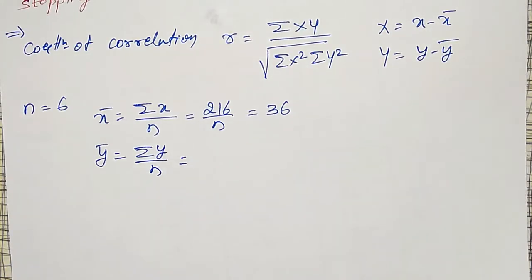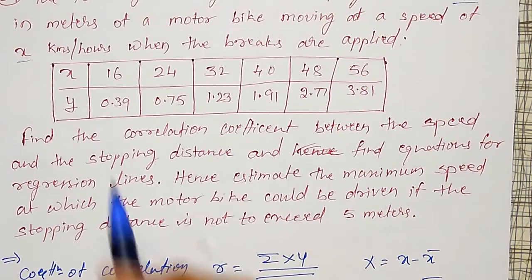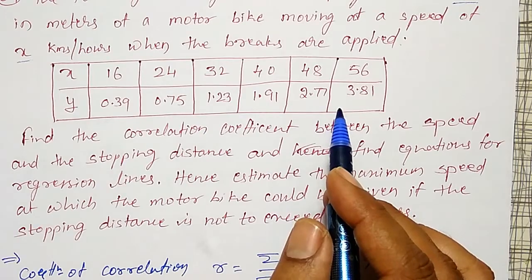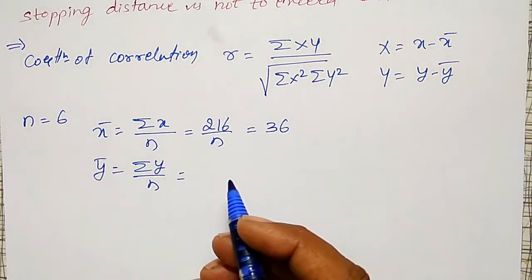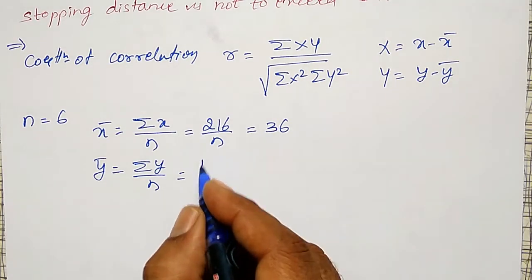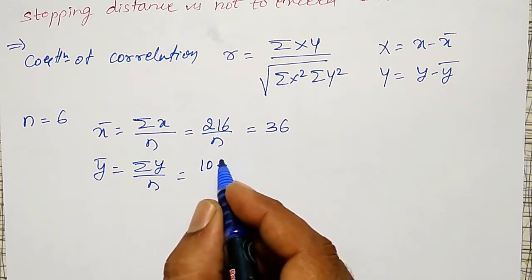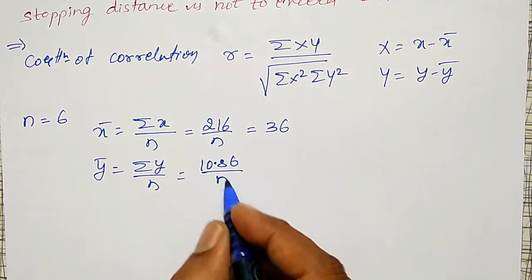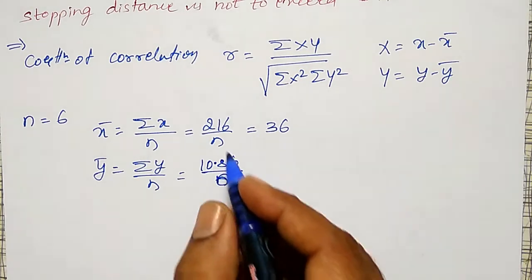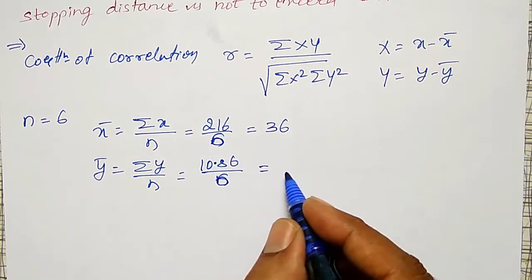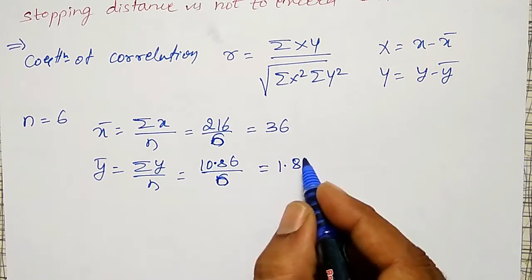Adding all the y values from the given example using the calculator, it comes out to be 10.86, divided by 6, which is equal to 1.81.